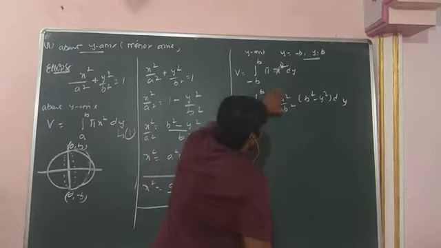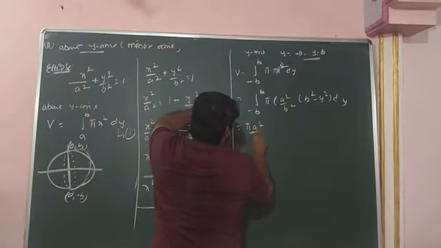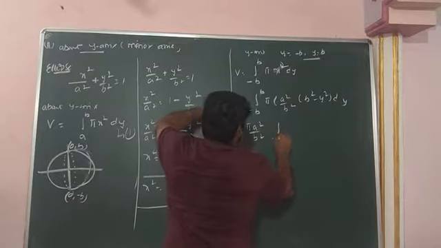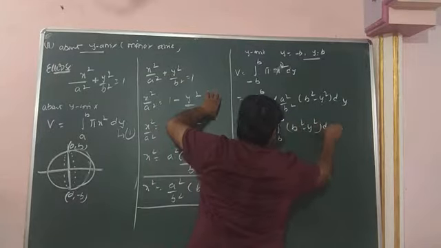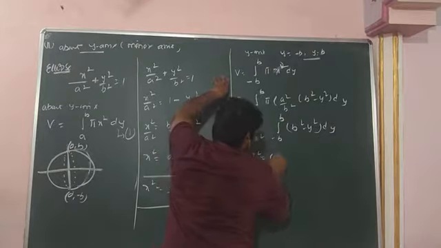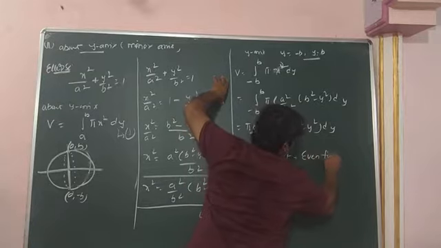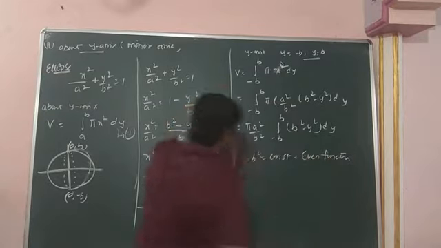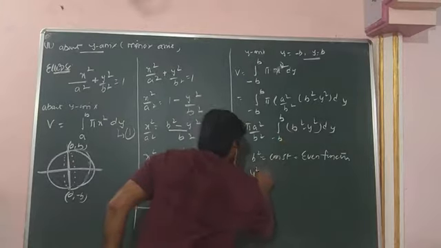This is a constant, taken outside. We get pi into a square by b square, the integral from minus b to b of b square minus y square into dy. So b square is a constant, and a constant is also an even function, and y square is an even function.